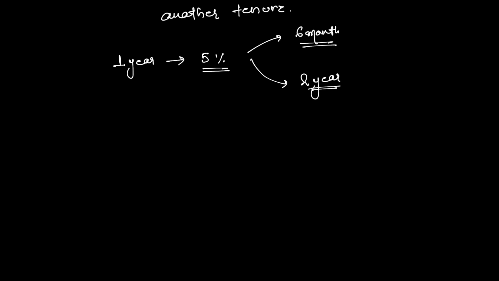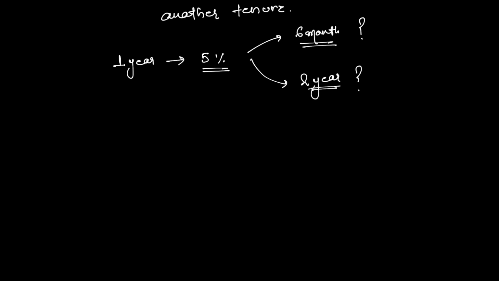In plain vanilla language, what I mean is: what is the pure interest rate that you will earn in 6 months, and in 2 years, the actual interest rate?